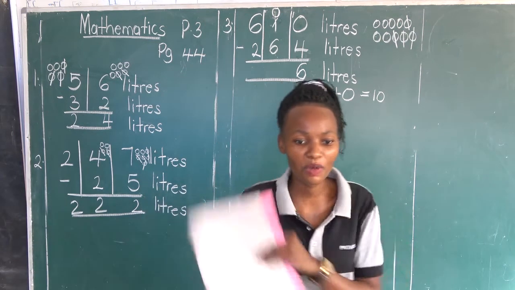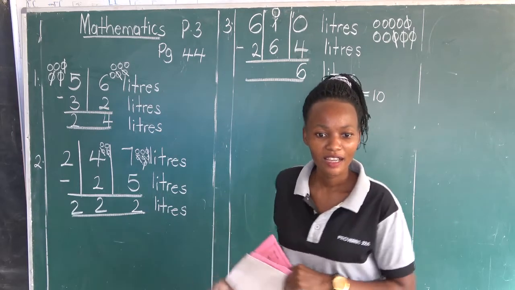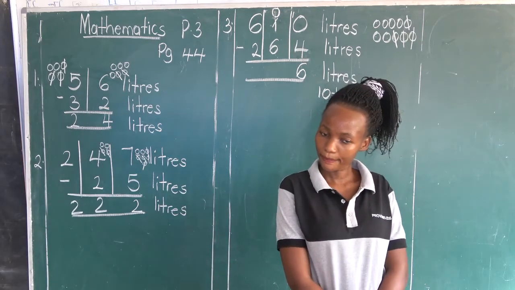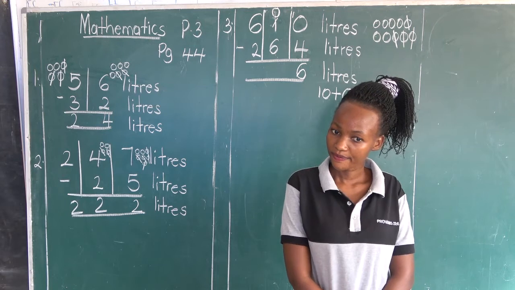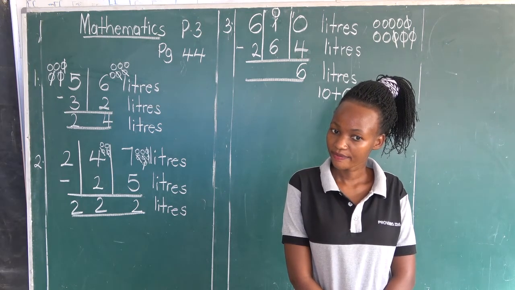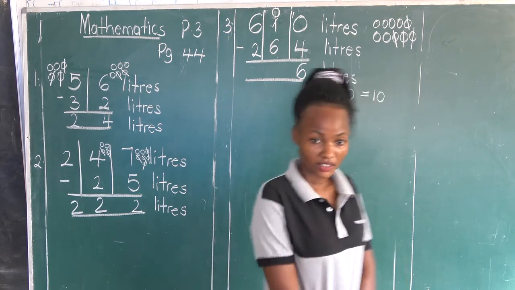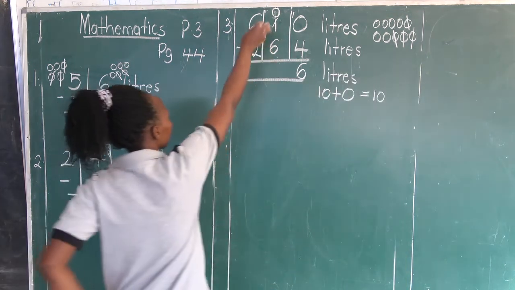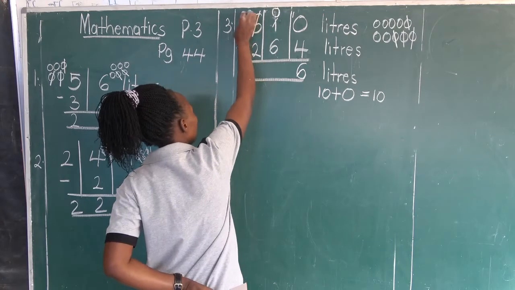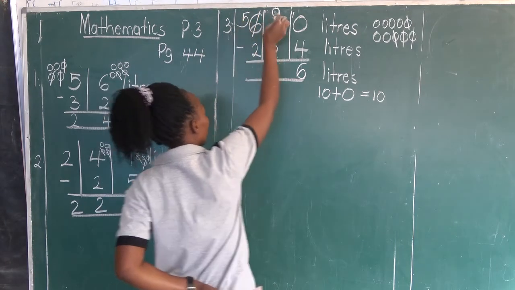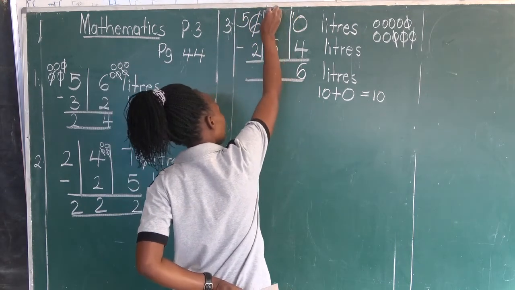Okay, who can tell me what to do? Mercy? We borrow from 6. We are going to borrow 1 from this. Here we shall remain with the 5. We carry this 1 down, and we have the 10.